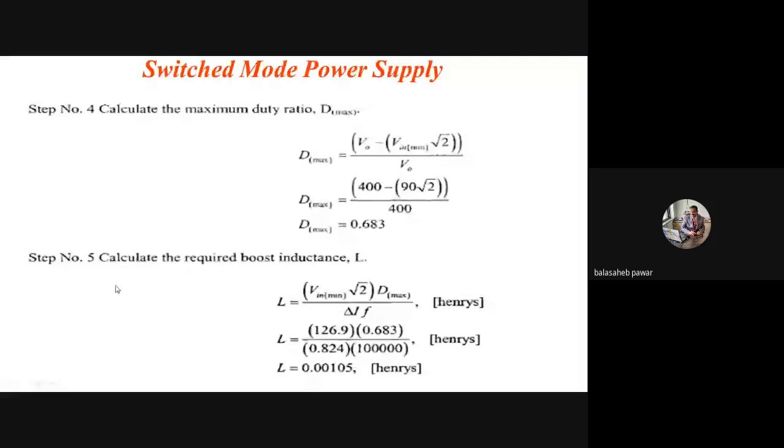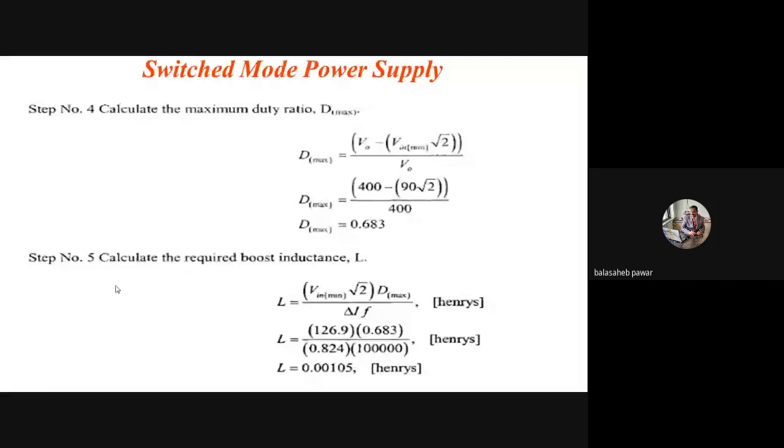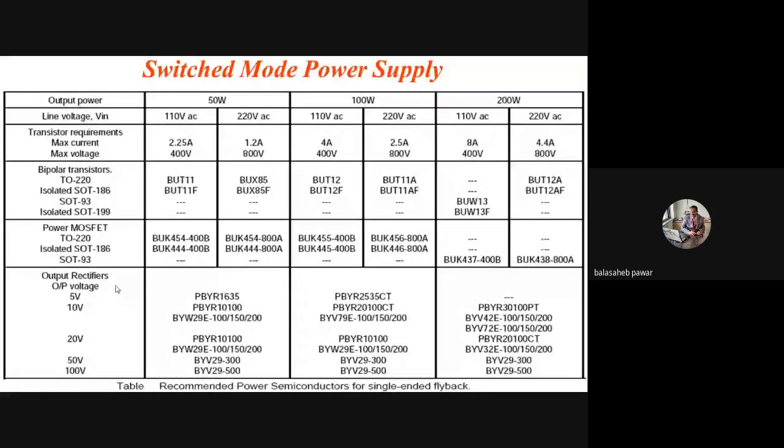So in this way, we can design and develop, or select, the components. By this calculation and with this given table, we can design the converter. Okay. So is it okay?